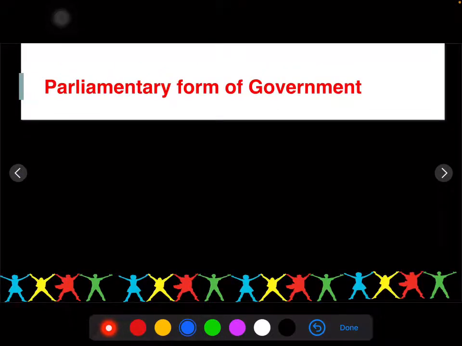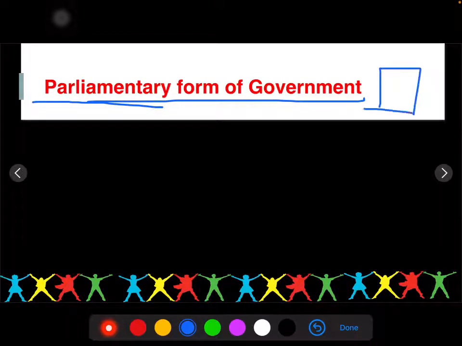Now, seeing the word parliamentary, don't think that parliamentary form of government is just the way in which the government rules us through the parliament. This is actually a wrong way of understanding, but parliamentary form of government is way different.